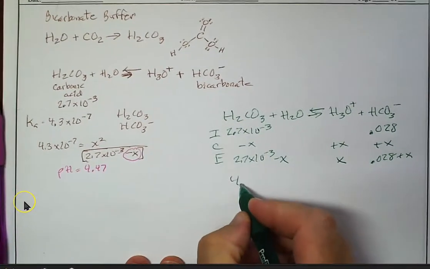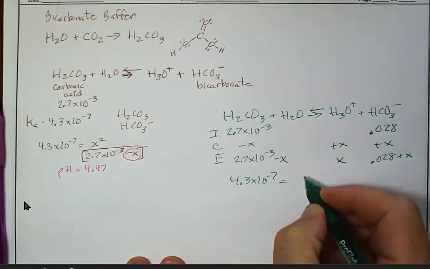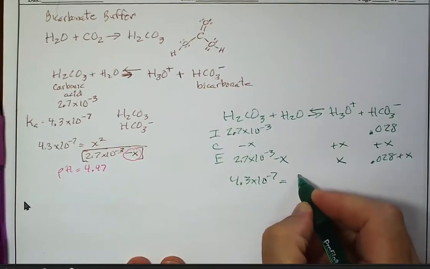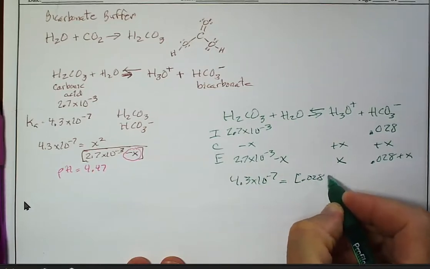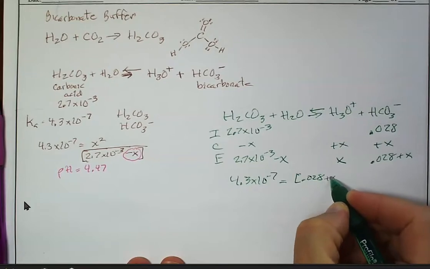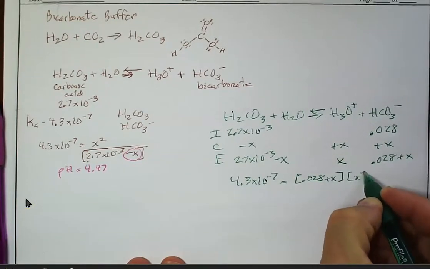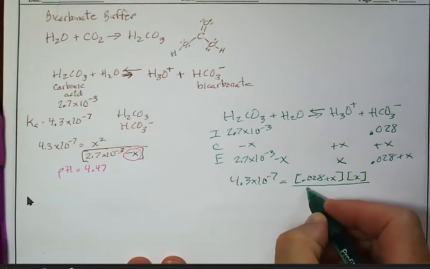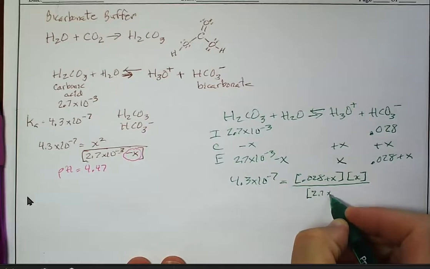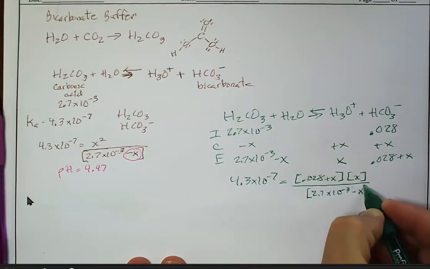So this time, we say that 4.3 times 10 to the minus 7 equals 0.028 plus x times x over 2.7 times 10 to the minus 3 minus x.